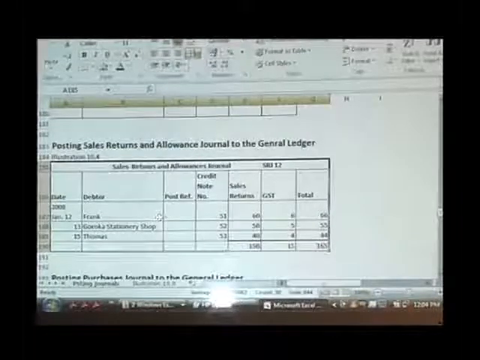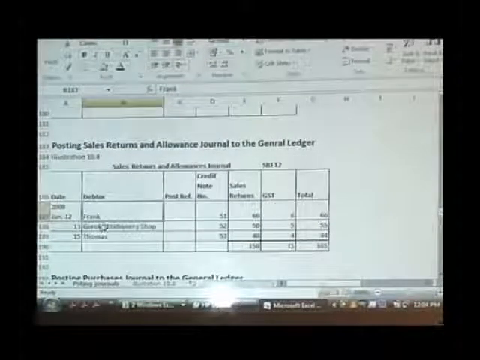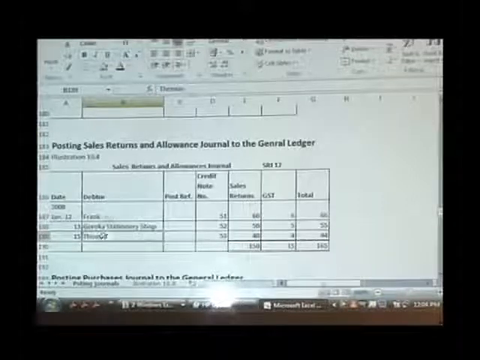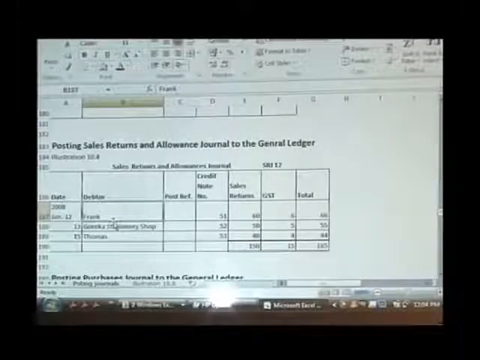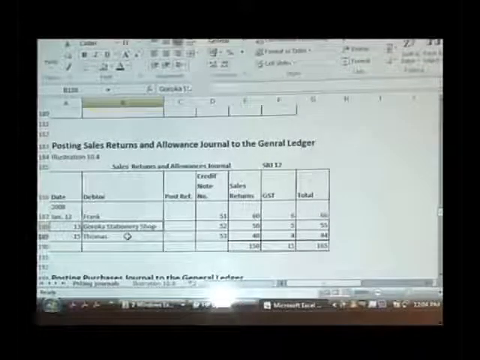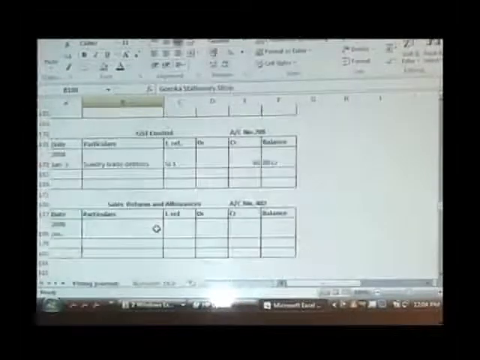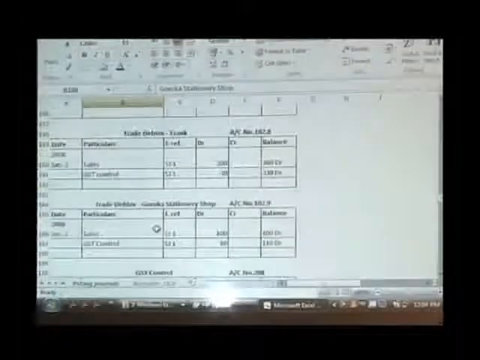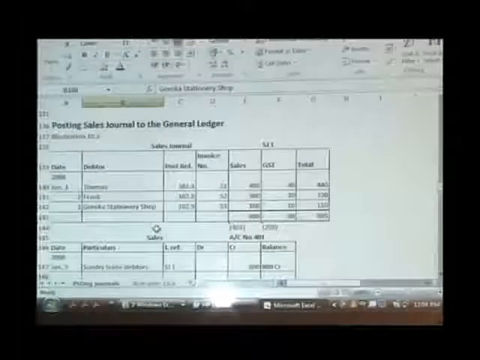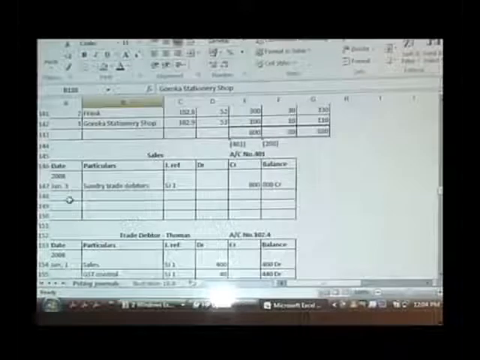The debtors who have returned goods are the same debtors, Frank, Thomas and Gorka Stationery Shop. So we can use the same ledger accounts, and it is continuous posting.